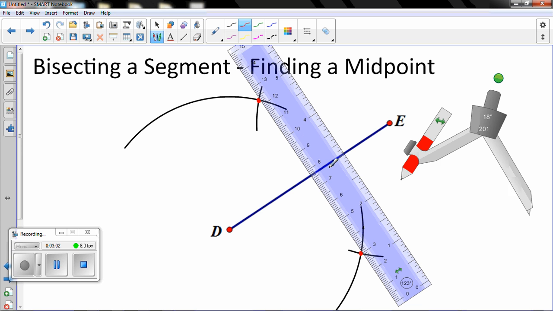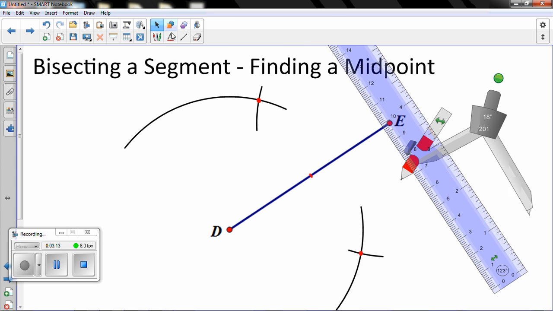So if all I want is the midpoint, then all I might do is make one little mark right here, right there where my straight edge crosses segment DE. And then I can label that, let's call it point F.